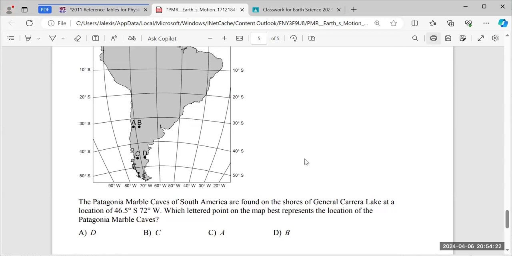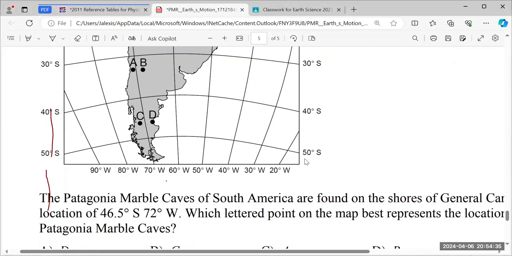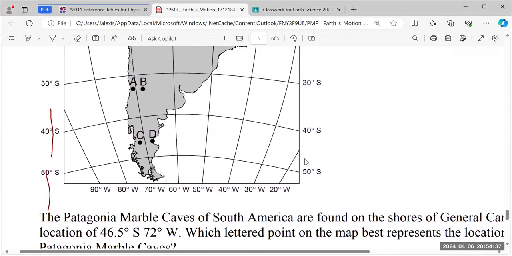46.5 degrees, let me zoom in. Let me move up a little bit more. Sorry. 46.5 degrees south. It looks to be somewhere maybe around here, halfway between 40 and 50 degrees south.